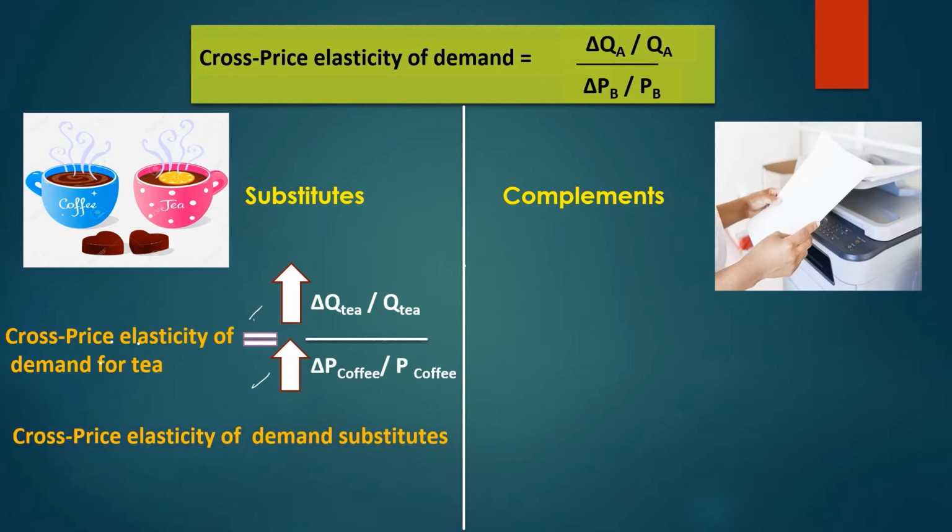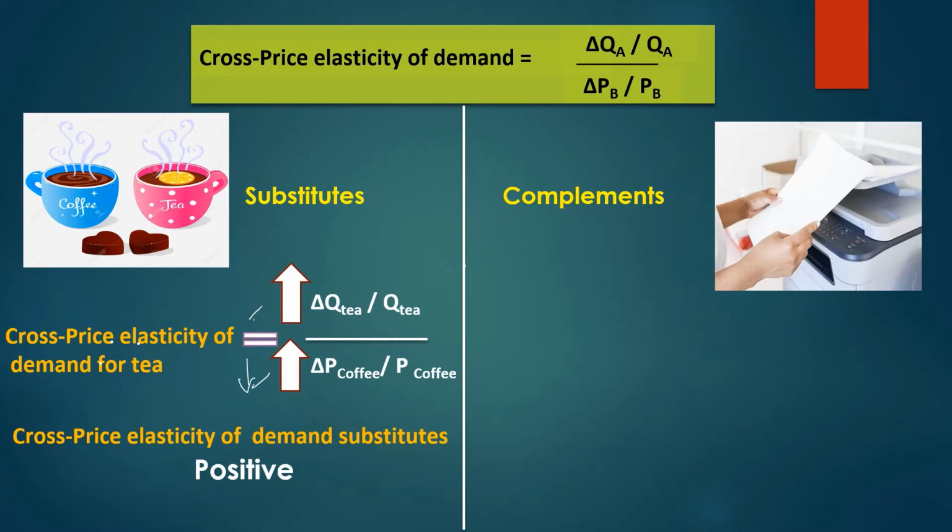So in that case, we can say that the cross price elasticity of demand for substitutes is always positive, with a positive sign. So whenever you are given a value for the cross price elasticity with a positive number, it means that you are dealing with substitute goods. In the same way, if the price of coffee decreases, what will happen?